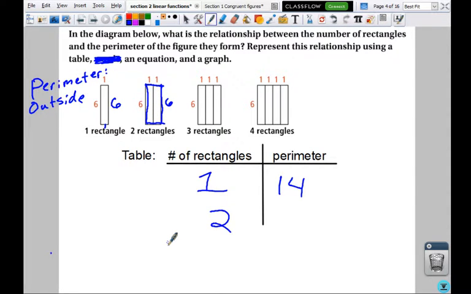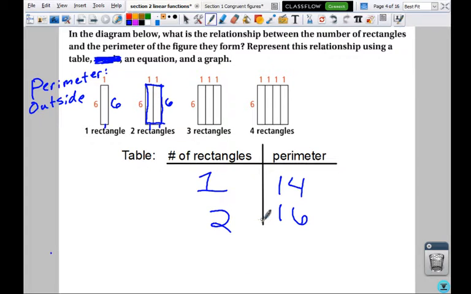I don't care about that middle piece. And then I'm going to look on this part right here. If that top piece is 1, so is the bottom piece. So my new perimeter now is 6 and 6 is 12, 13, 14, 15, 16. My new perimeter is 16. And I'm going to keep going through.